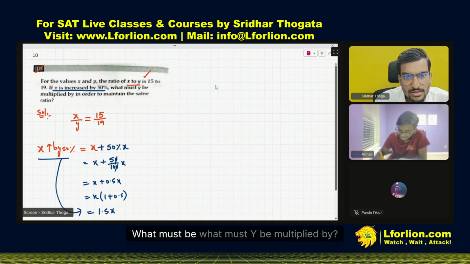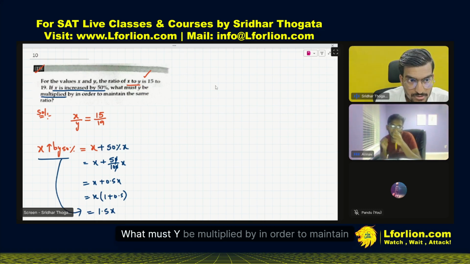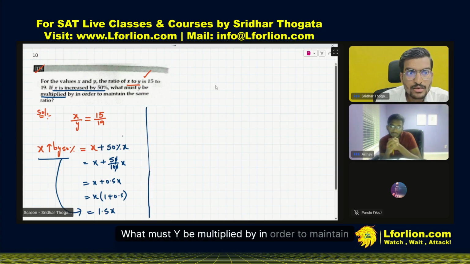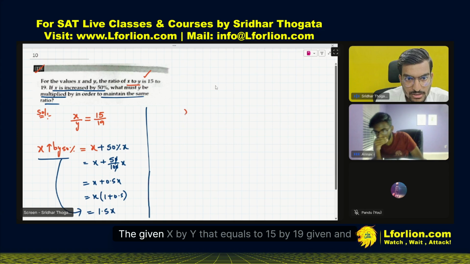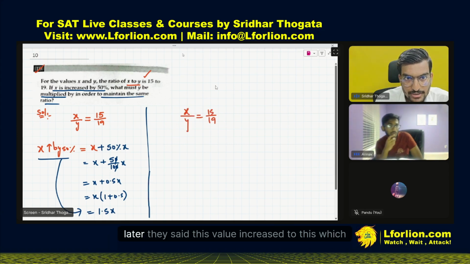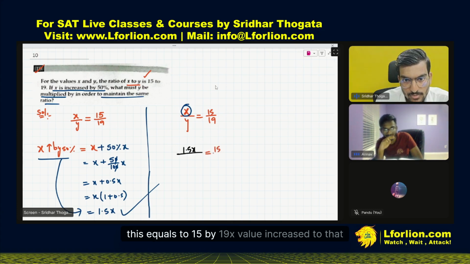What must y be multiplied by in order to maintain the same ratio? What is the given question? The given x by y equals 15 by 19. Later they said x increased to 1.5x. Now this equals 15 by 19.